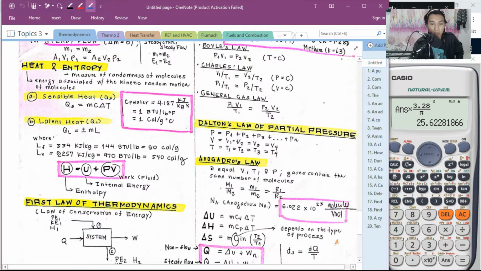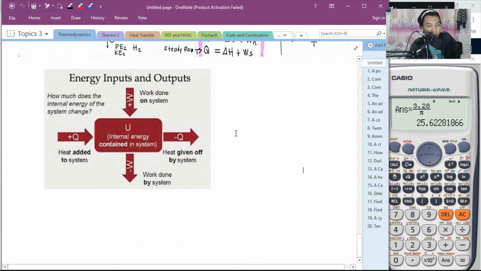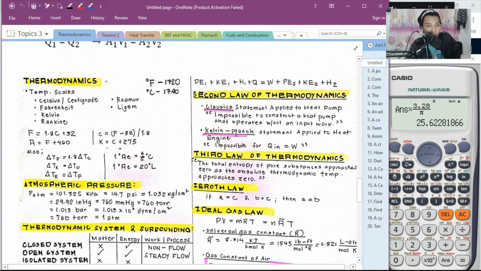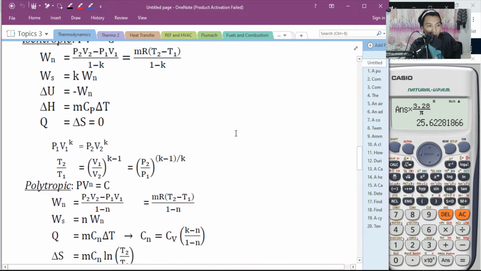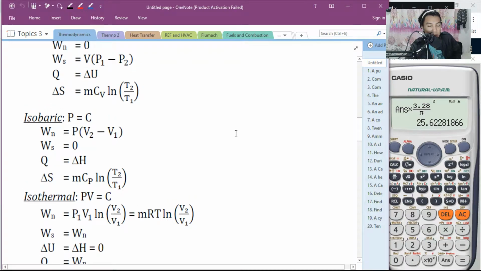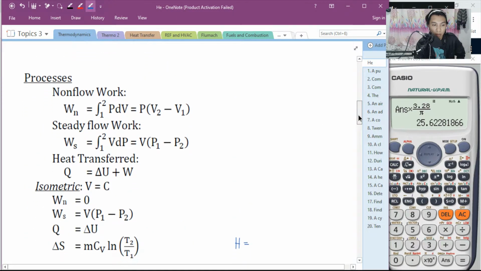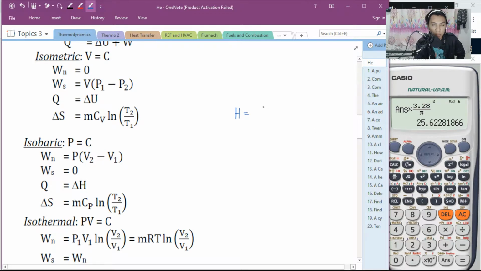Pag isobaric process, bibigay ko sa inyo itong notes na to, okay? So, in isobaric process, that is constant pressure. Okay? For isobaric process, tandaan nyo na ang H is always equal to m Cp delta T. Okay?